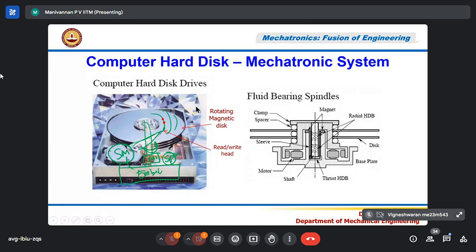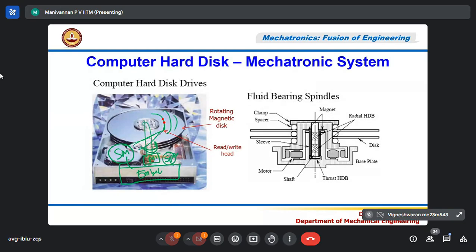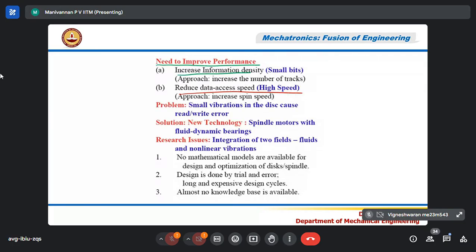If the disk is rotating at higher speed, I can store more data in small parts. That's how I increase the density. Higher the speed the disk rotates, I can write more data or read more data from the hard disk. This is called the read-write access speed. I can access at a higher speed.